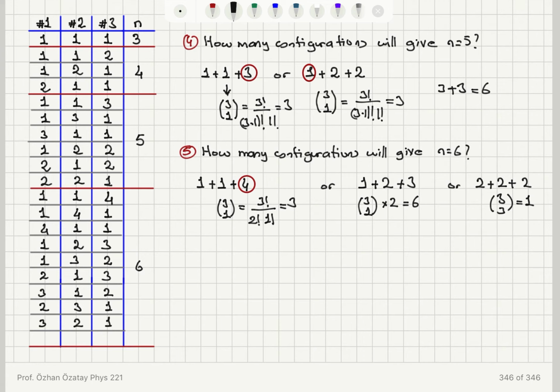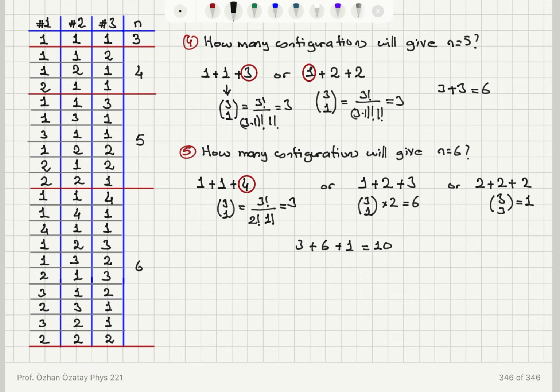And the last one is 2, 2, 2. Okay, so that gives me for the 1, 1, 4 scenario 3, for the 1, 2, 3 scenario 6 configurations, for the 2, 2, 2 scenario 1 configuration. So this is giving me 10.